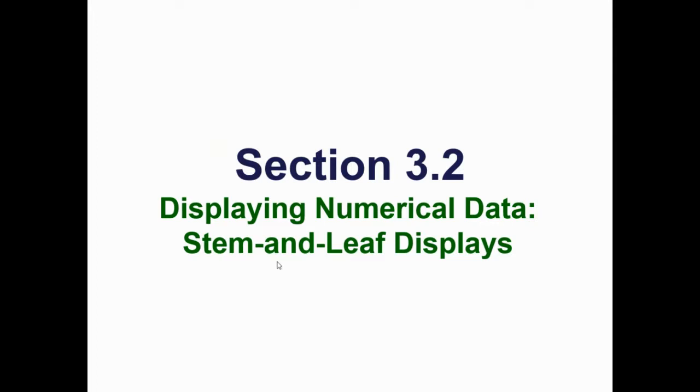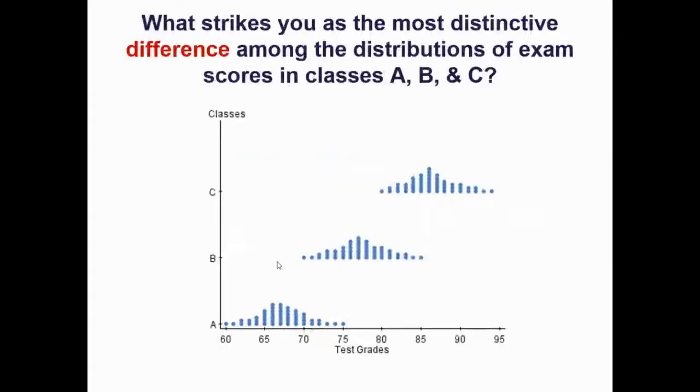On the bottom of page 3, you see this figure here. What do you notice about these 3 different distributions of test grades? They look pretty similar for the most part. Where's the bulk of the grades down here?